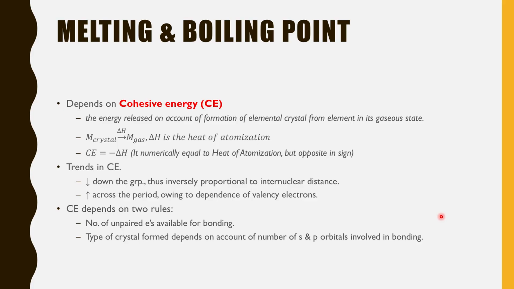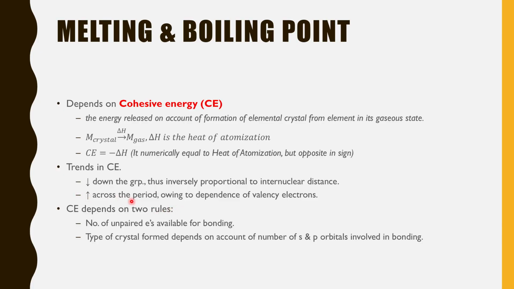As a result, the internuclear spacing between the two atoms would increase. So that can be considered a reason for why there is a decrease as we move down the group.